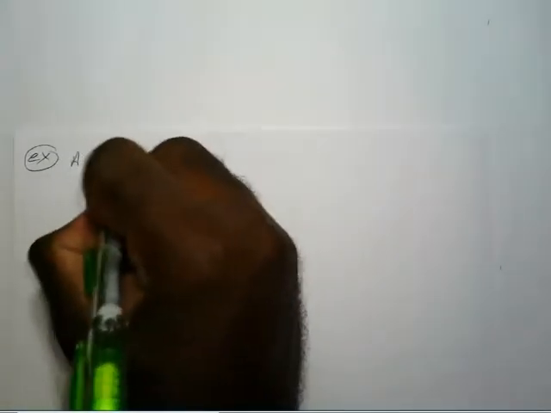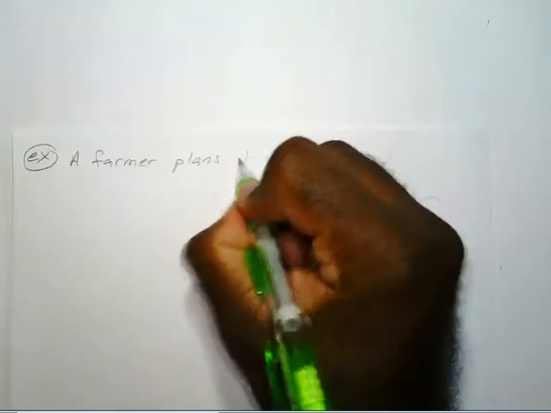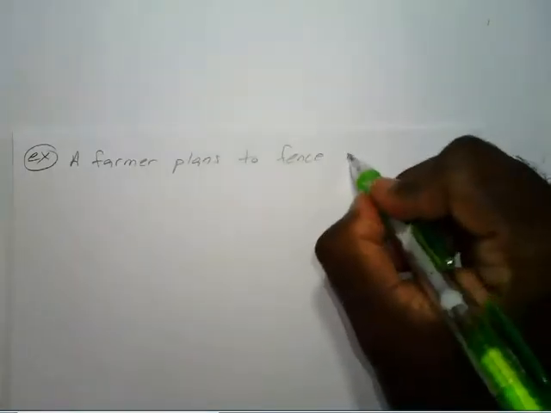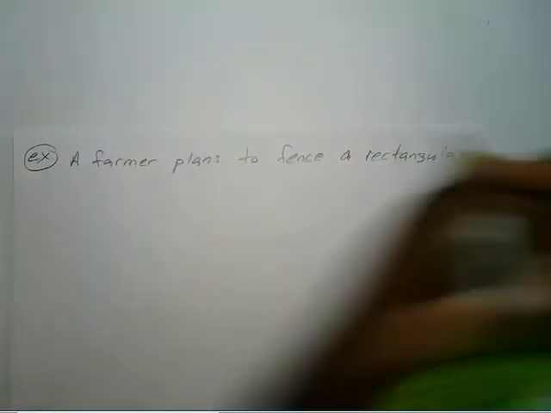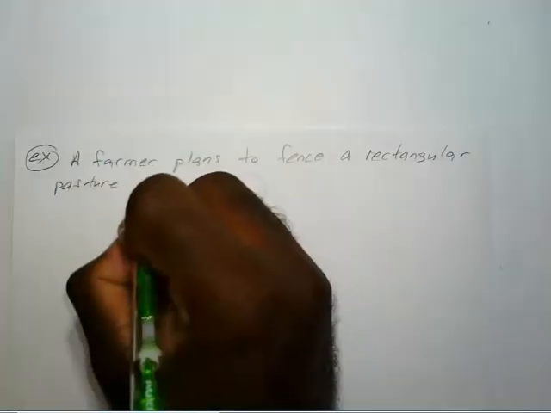All right, so let's say you have a farmer who plans to fence a rectangular pasture adjacent to a river.